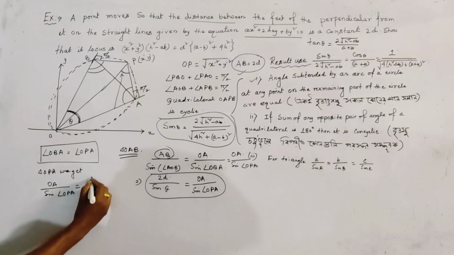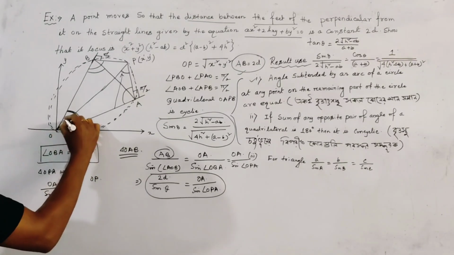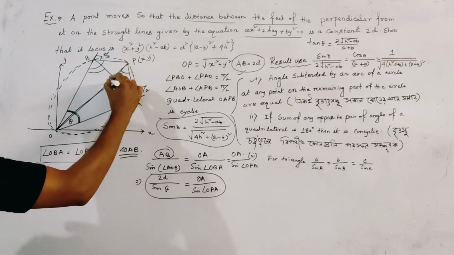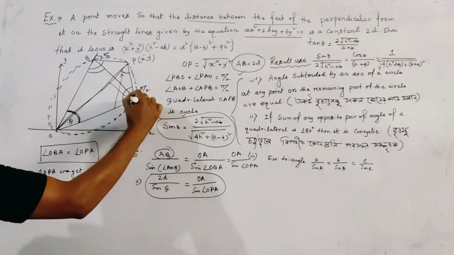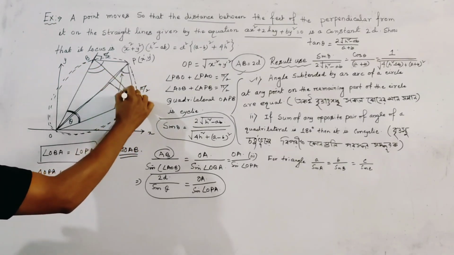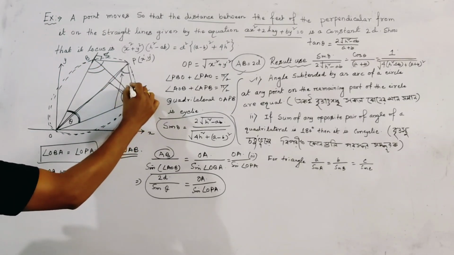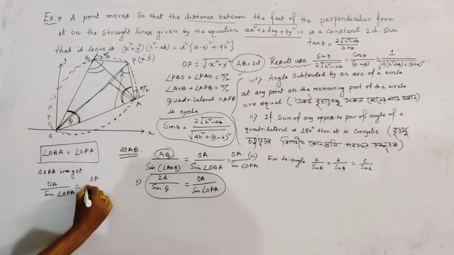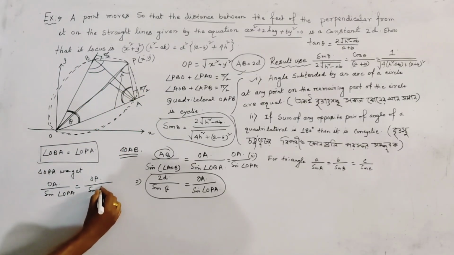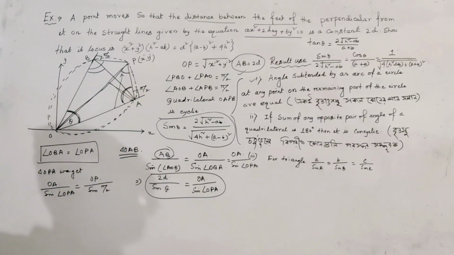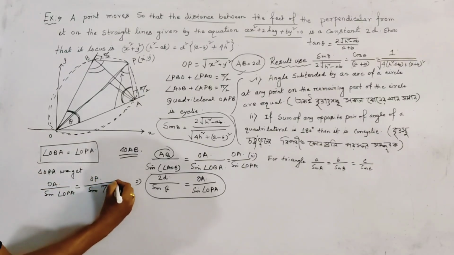This is equal to OP. OP is the side and the opposite angle is the whole angle, and this angle is pi by 2. So we write sine pi by 2. Okay, and this is OP.